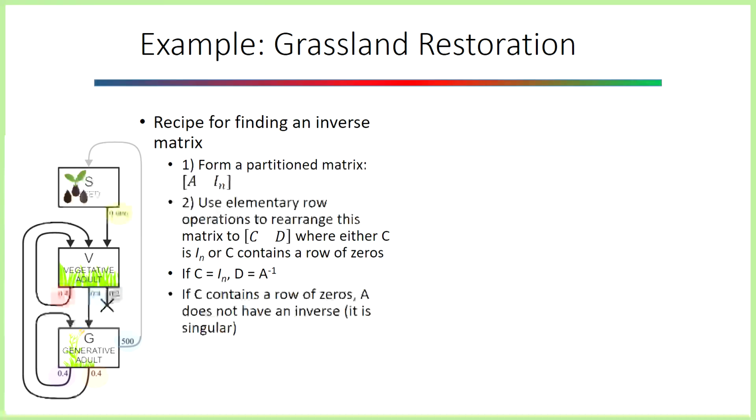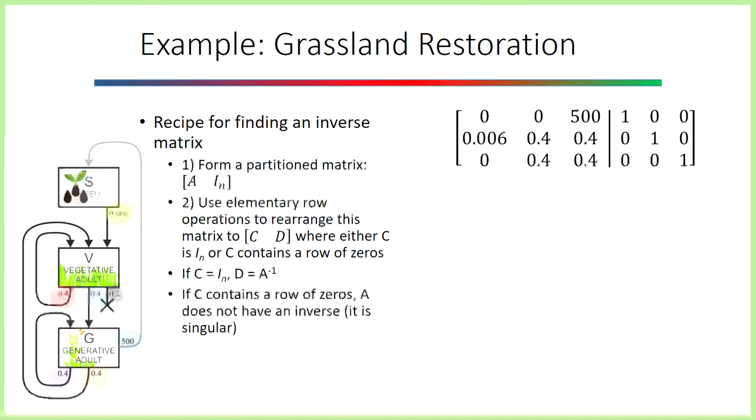First, let's remember our recipe. We need to start by creating a partition matrix with a matrix that we want to find the inverse of on the left side and the identity matrix on the right side. So that is G and the identity matrix. And of course, we can fill this partitioned matrix out with the actual values for G and the identity matrix.